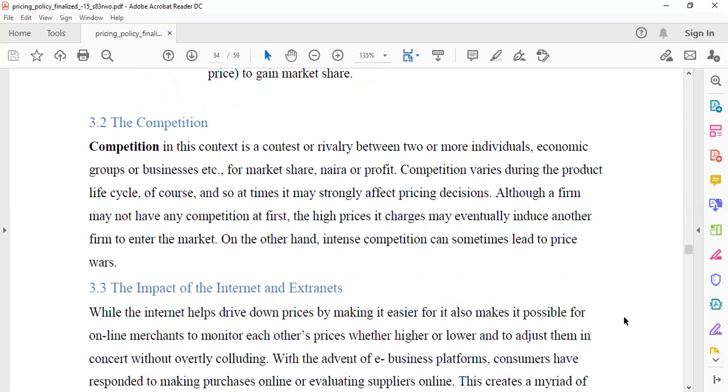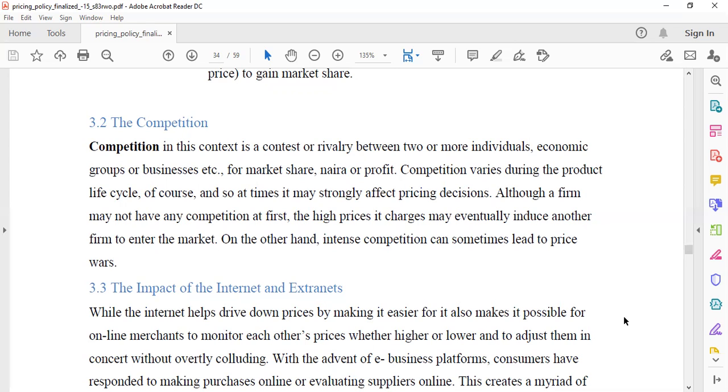Second is the competition. Obviously, there are barely any organizations that exist as a monopoly today. And once there is competition, once there's a rivalry for the same market, the same group of customers, there is a need to be alert on competitors' prices.